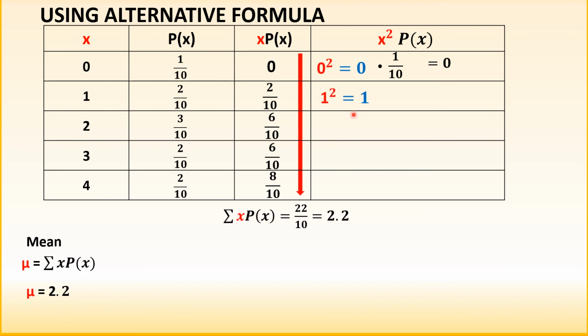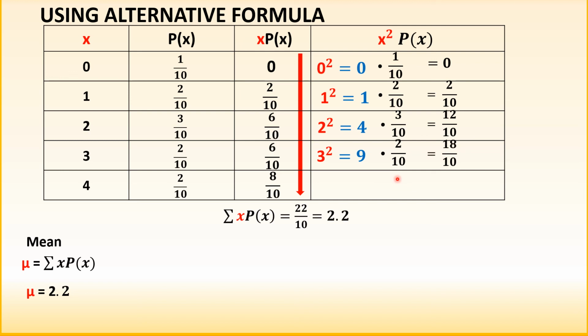1 squared, that is equal to 1. Then, multiply natin yan sa 2 over 10. So, the answer is 2 over 10. Then, 2 squared is equal to 4. Multiply natin sa 3 over 10. And that is equal to 12 over 10. Next is 3 squared equals 9. Multiply sa 2 over 10.